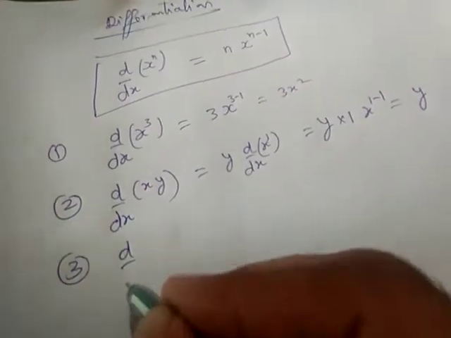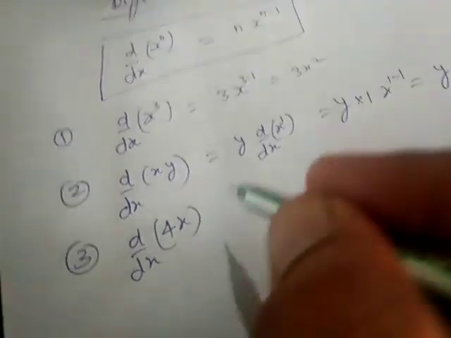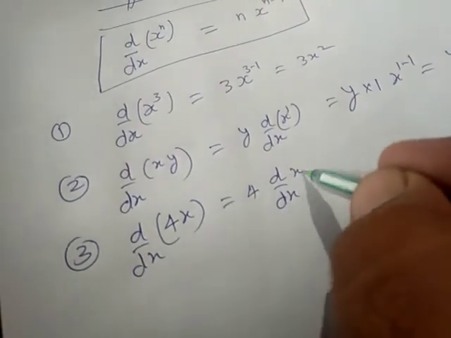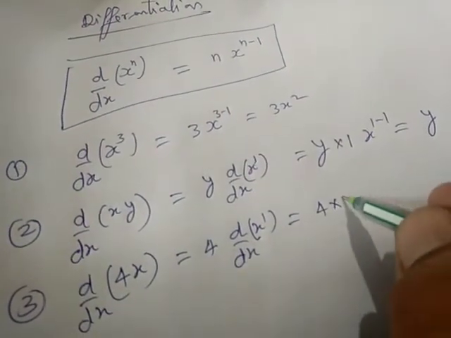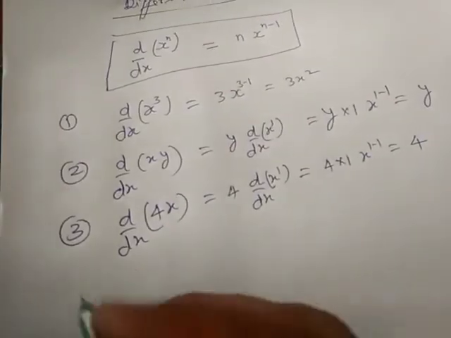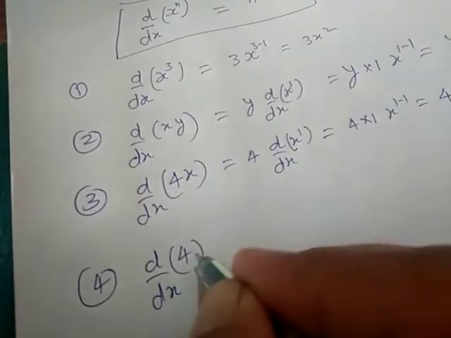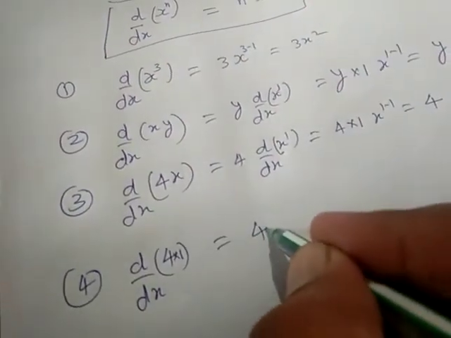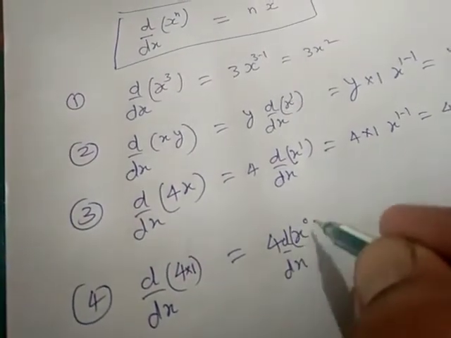If we say d over dx of 4x, 4 is constant, d over dx of x to power 1, n is 1 here, so 4 is already there, multiplied by 1, and x to power 1 minus 1, so that becomes 4. If we are differentiating d over dx of 4 only, 4 can be written as 4 into 1, and 1 can be written as x to power 0, so d over dx of x to power 0.